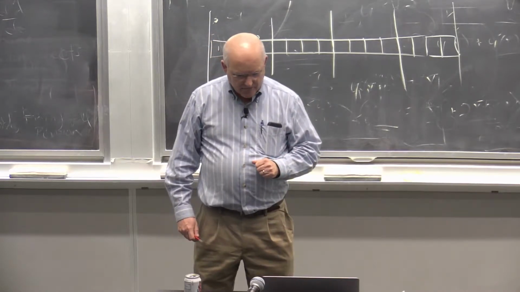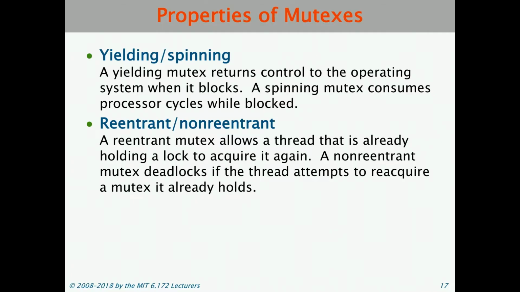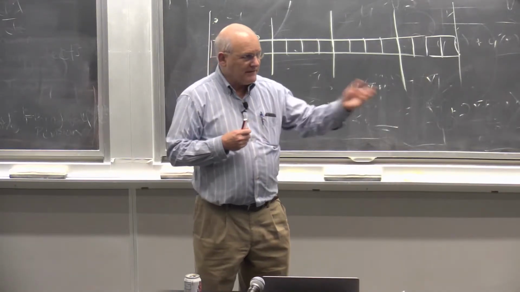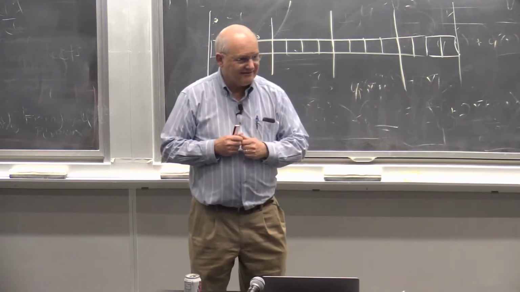Okay. Another one is whether the mutex is reentrant or non-reentrant. A reentrant mutex allows a thread that is already holding a lock to acquire it again. A non-reentrant one deadlocks if the thread attempts to reacquire a mutex that it already holds. So I grab a lock, and now I go to a piece of code and it says grab that lock.